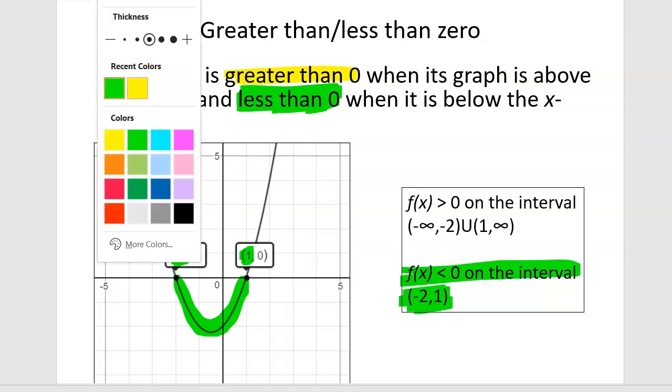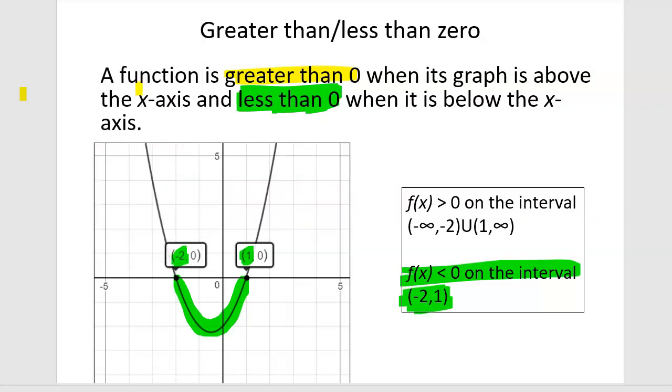Greater than 0 is this part of the graph up here. That's where it's above the x-axis, and this is what they're talking about over here in this answer.